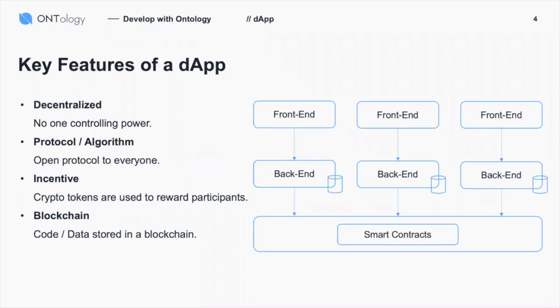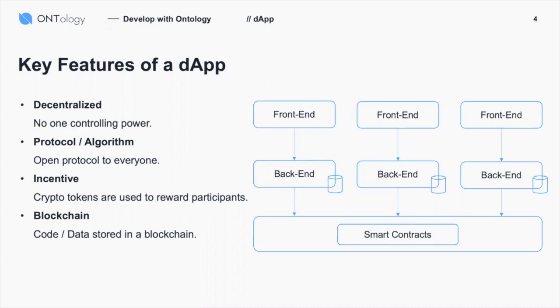The third is the incentive, because it's a decentralized application. Someone can join the DApp ecosystem, and someone can leave the DApp ecosystem. So there must be some incentive built in, mostly crypto tokens, to reward the participants to make sure your DApp can run for a very long time, because no one controls it; it's controlled by the whole ecosystem.